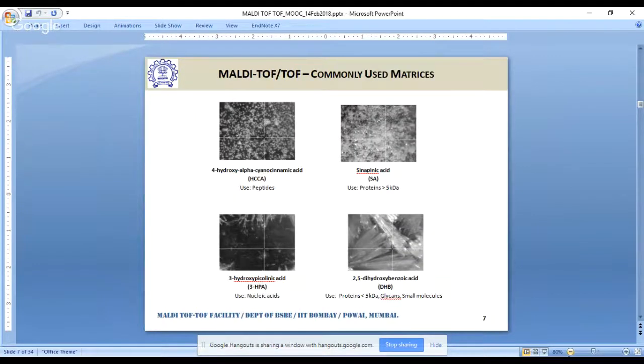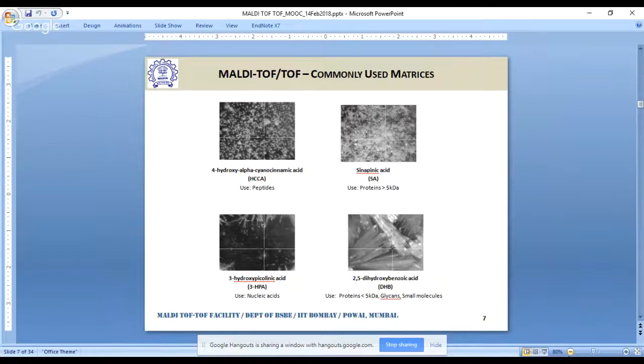There are different types of matrices that are generally used for MALDI, depending, like I said, on the type of sample. If there are peptides, we usually use a matrix HCCA. This crystallizes in a different way, and a picture of it is right now on your screen. For proteins which have molecular weight more than 5 kilodalton, sinapinic acid is generally used, while for nucleic acids, 3-hydroxypicolinic acid is used. 2,5-dihydroxybenzoic acid is used for the study of glycans, small molecules like polymers, and other substances.